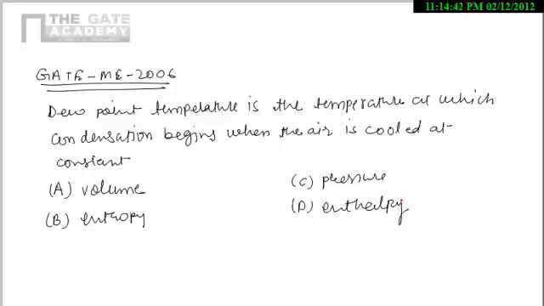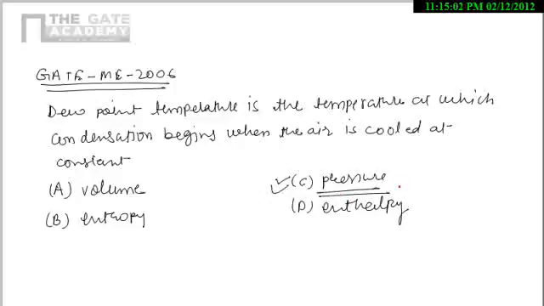So it's a very straightforward question. The dew point temperature is the temperature at which the condensation begins when the air is cooled at constant pressure. So the correct answer for this problem is C, pressure.